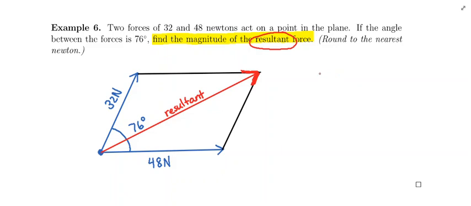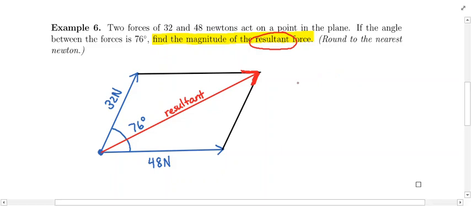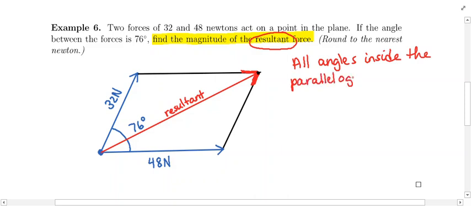You know when we did triangles, the angles inside of a triangle have to add up to 180 degrees. Well, for a four-sided object, that number is 360. So all angles inside the parallelogram, because it's a four-sided object, have to add up to 360.